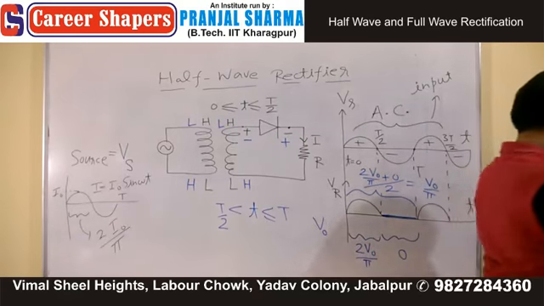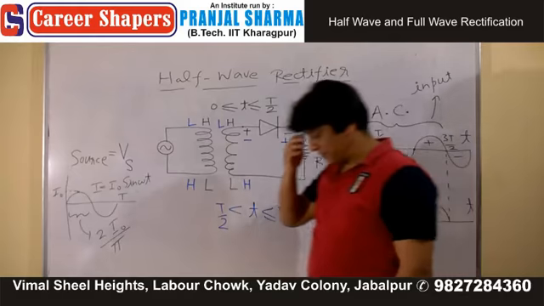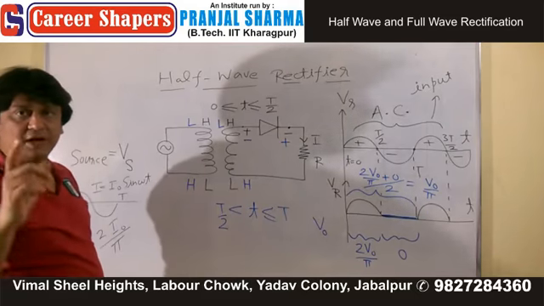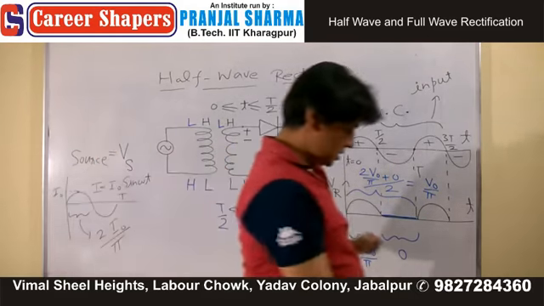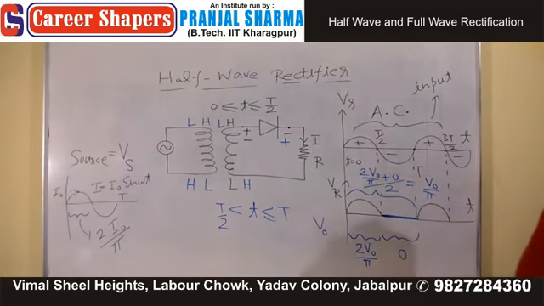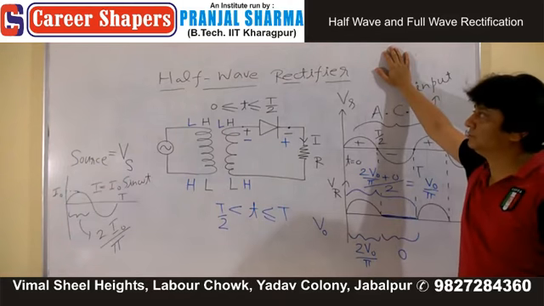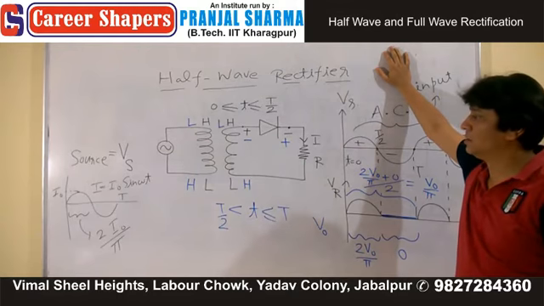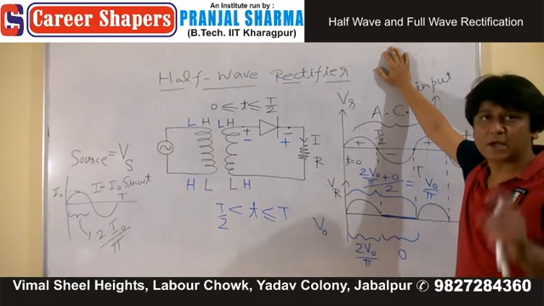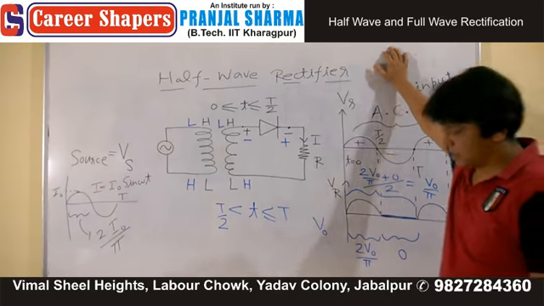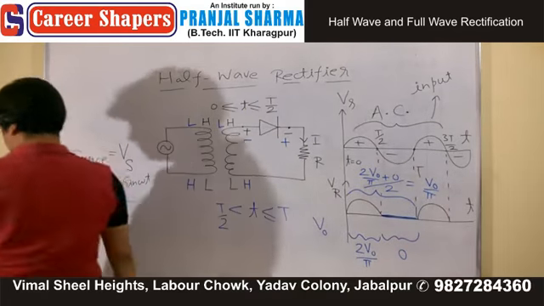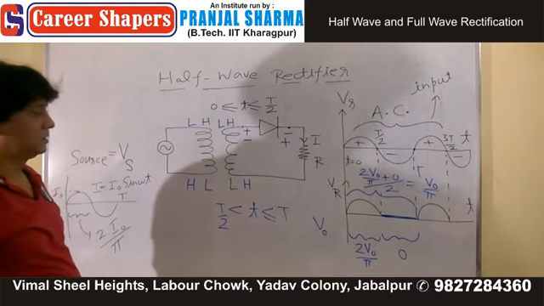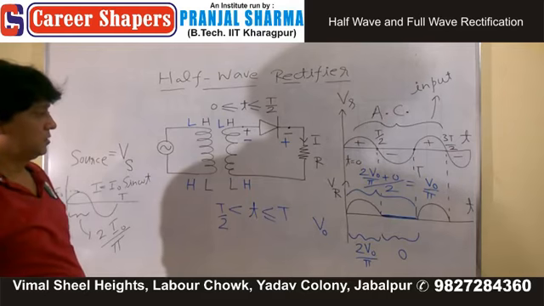For a half wave rectifier, if peak voltage is V naught, then find out RMS value of voltage for one complete cycle. Try to answer this part.